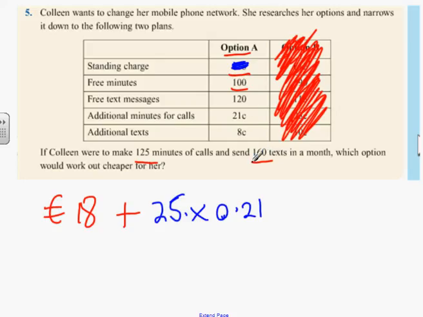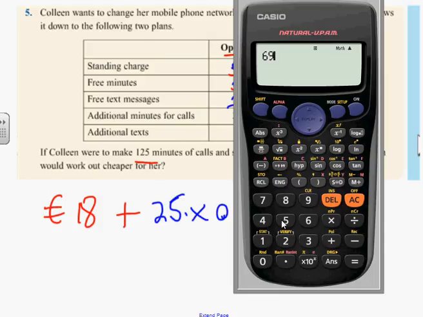How many texts do I get? I make 160, but I have 120 for free. So what does that mean? You have 40 left over. And how much do I get charged for each of the 40? 8 cents. Then write that into the calculator exactly as it looks. 18 plus, Barry has this already.